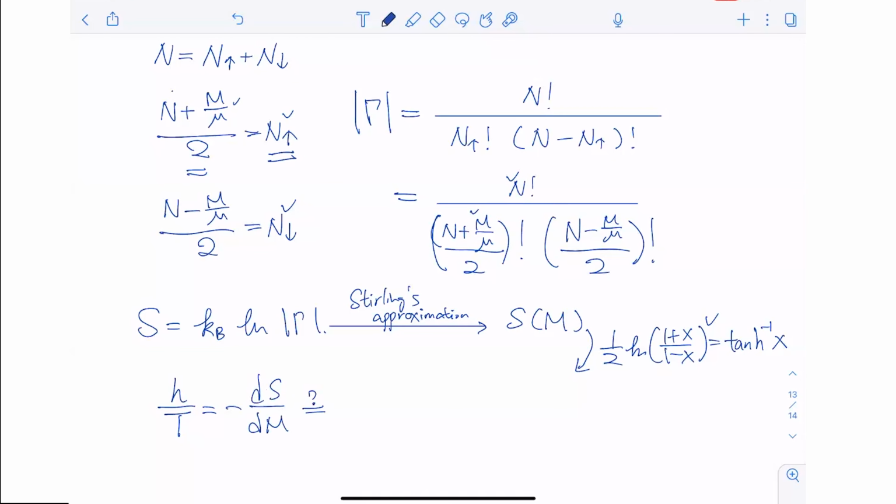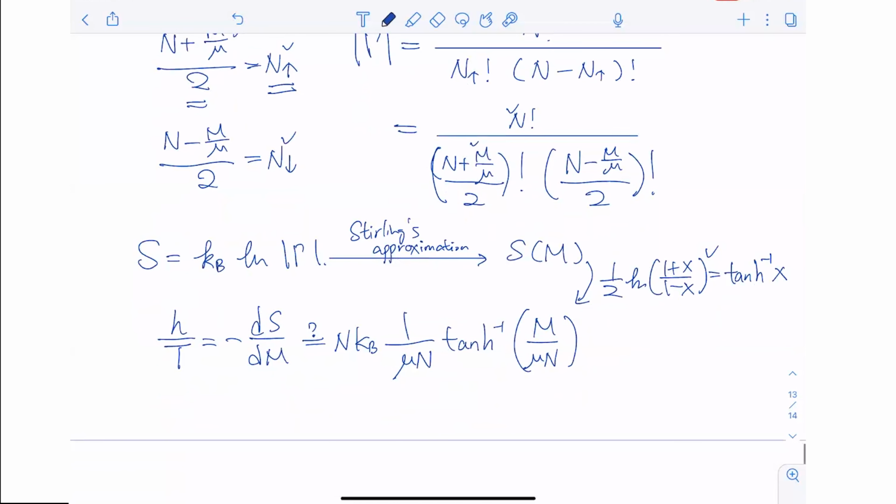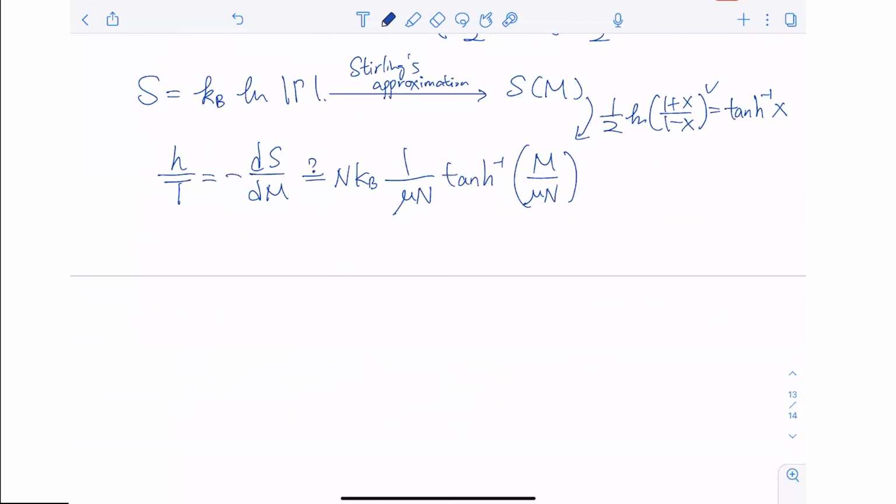Here's some exercise left for you. Okay. And the physical meaning for that is quite straightforward.